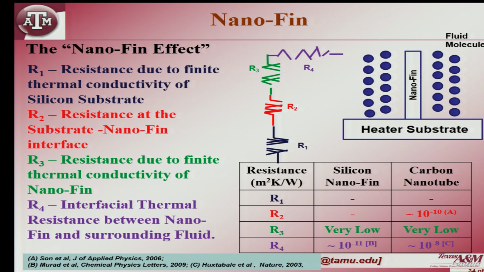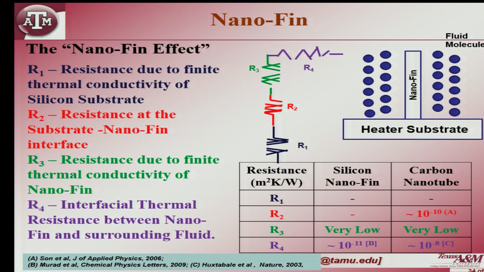Now, let us look at how much these values are. The value of R3, I have said very low, but we can estimate this based on the diameter and thermal conductivity and so on. But if I look at the value of this Kapitza resistance, for silicon it is 10 to the power minus 11, for carbon it is 10 to the power minus 8.